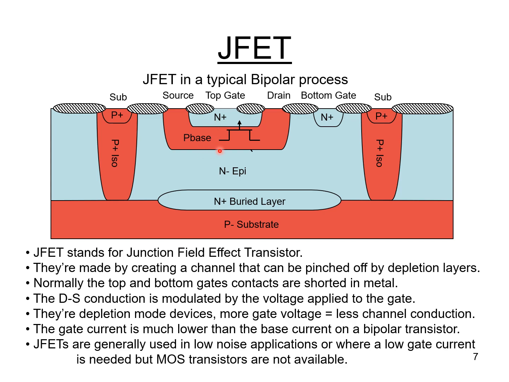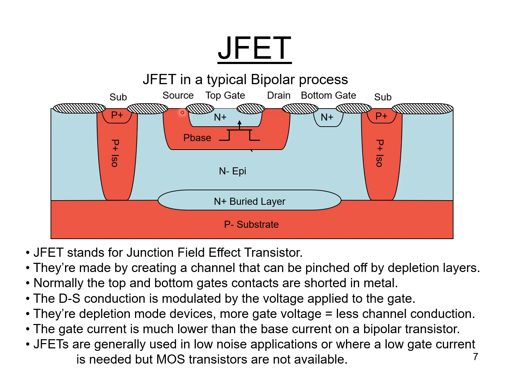When those diodes are reverse biased, they form a depletion region, and as you put more voltage across that depletion region, it grows and pinches into the P base region. So it makes the area that you can conduct through in the P base less. So this is a depletion mode device. The more gate voltage you apply, the less channel conduction you get.